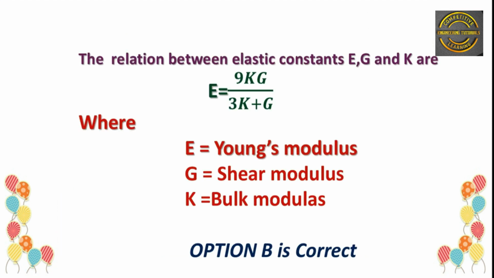Here this one is the explanation. The relation between elastic constants E, G and K are E equal to 9kg by 3k plus g, where E equal to Young's modulus, G equal to shear modulus and K equal to bulk modulus. Option B is correct.